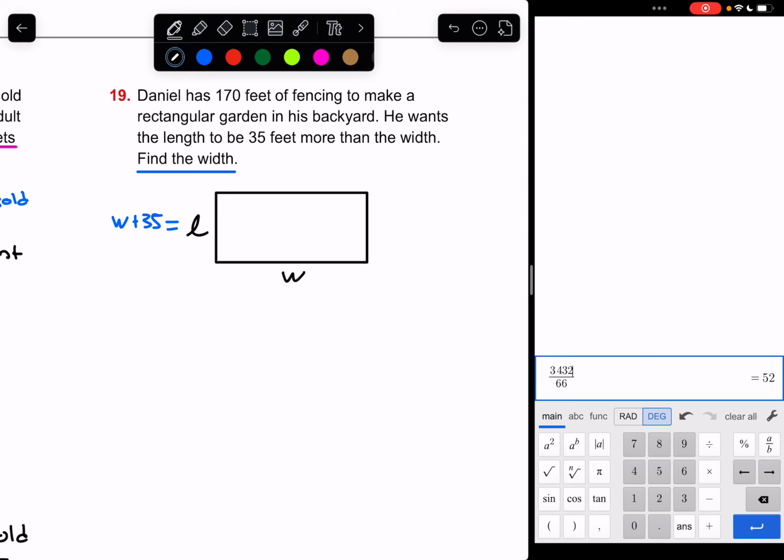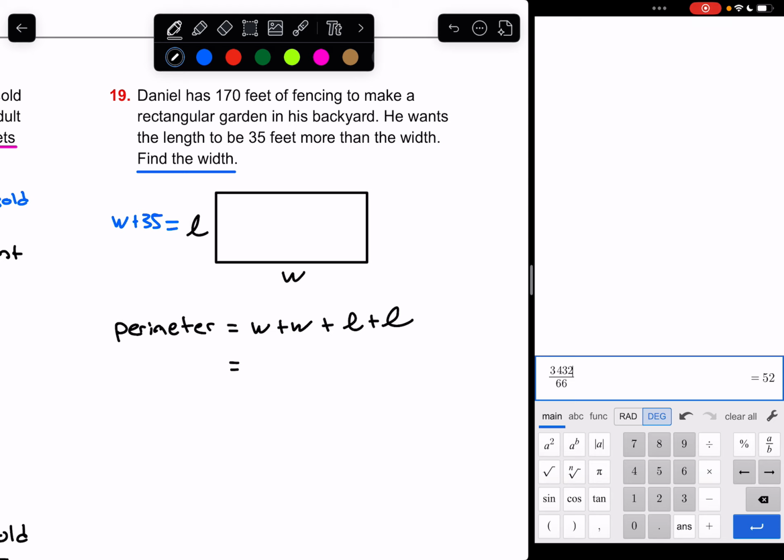So now I can set up an equation for perimeter, where perimeter is equal to the sum of all the sides. So this is W plus W, because that's the top and the bottom sides, and then plus L. But because I know that L is W plus 35, I can just substitute that in.